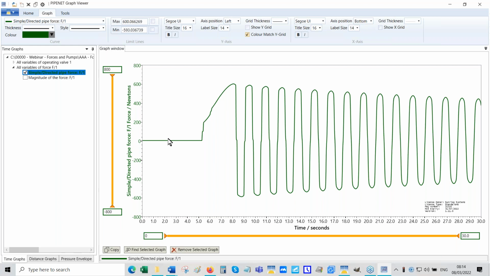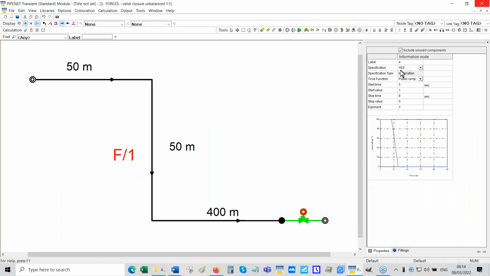Maybe the limit lines are only available for other variables, not forces. Okay, but it's clear that this is negative. It's because it's in the direction opposite to the direction of the pipe.